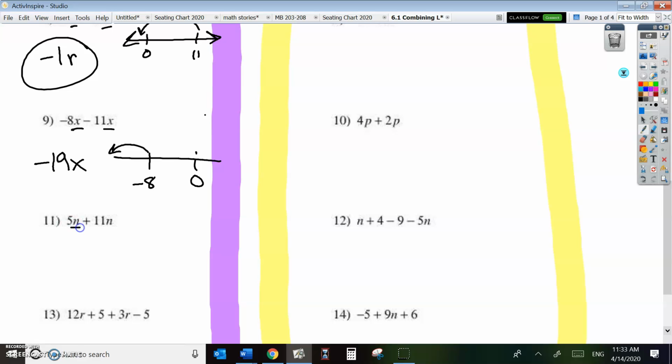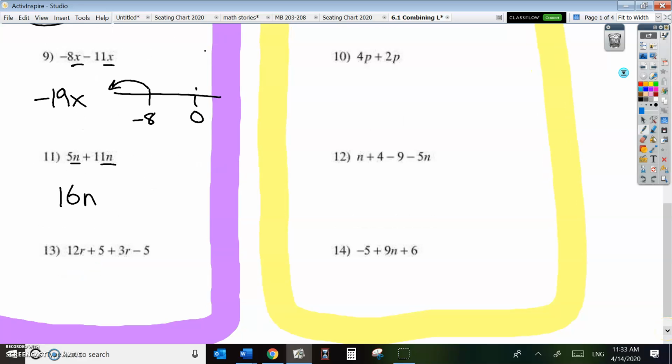These both have n, and they're both positive. Add the numbers, keep the n. No problem. This has an r, this has an r. Here's a constant term.